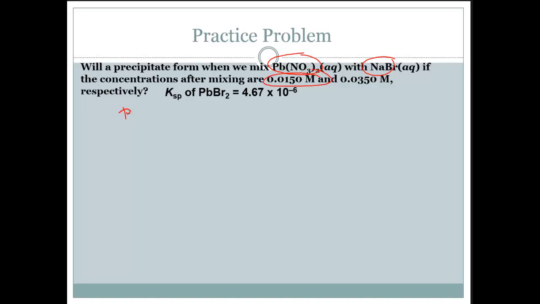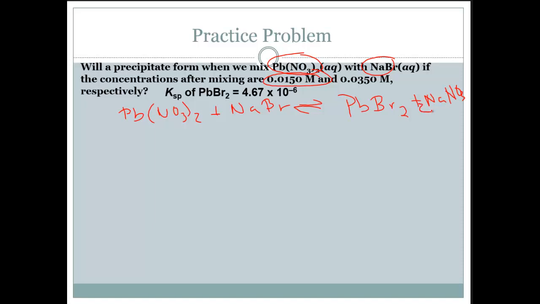We have PbNO3 reacting with NaBr. This is going to be a double replacement reaction. Pb will be with Br now, and Na will be with NO3.